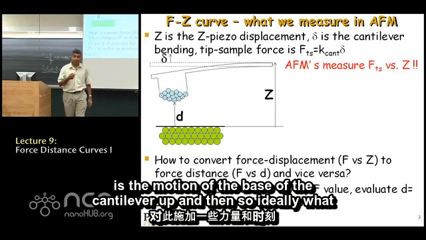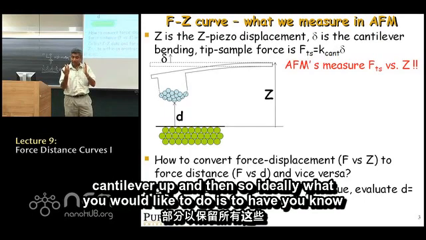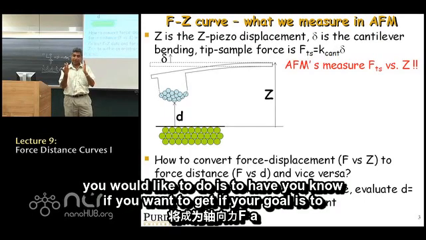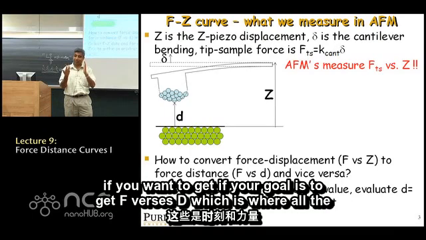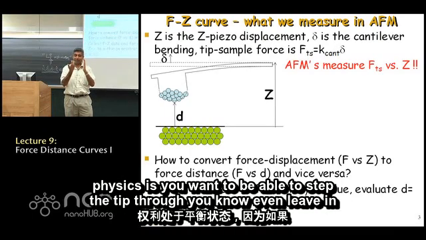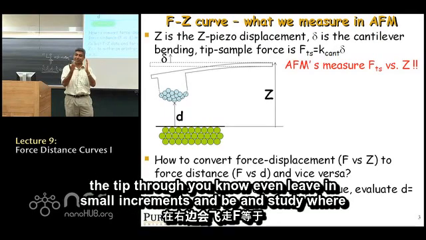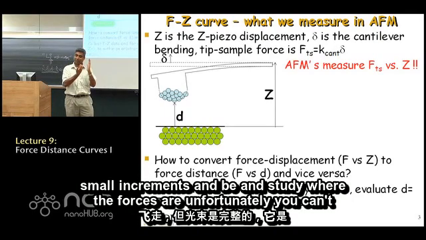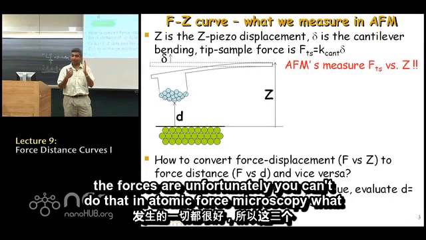up and down. So ideally, if your goal is to get F versus D, which is where all the physics is, you want to be able to step the tip through, evenly in small increments in D, and study what the forces are. Unfortunately, you can't do that in atomic force microscopy.